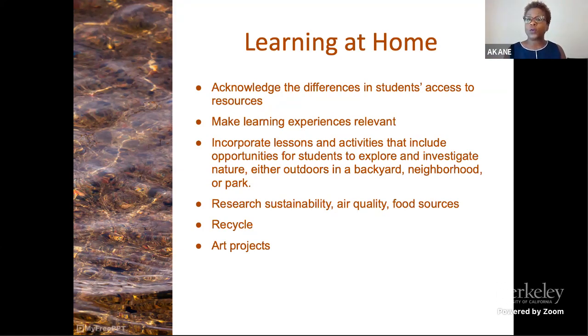We're looking at food sources. This is all relevant to children who may not be able to get outside and to learn outside. Recycling: what can I do at home if I don't have green space or I can't go outside? There's always art. If I can draw, if I can paint, if I can color, then there's that opportunity for me to express as a student my engagement or my advocacy for environmentalism.